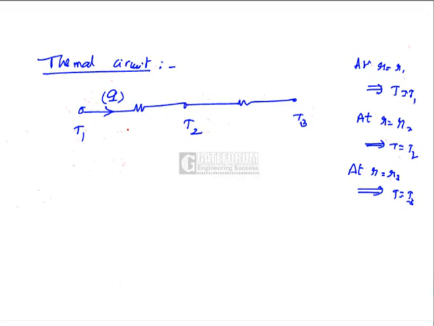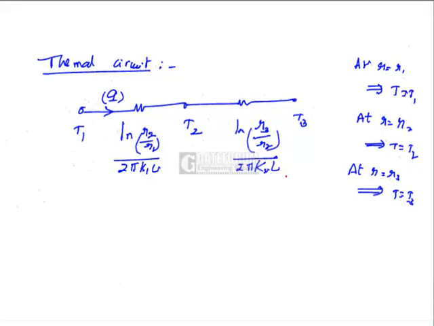Therefore, the first resistance is given by radial conduction resistance, log R2 by R1 divided by 2 pi K1 L. Then log R3 by R2 divided by 2 pi K2 L. Therefore, Q is equal to T1 minus T3 divided by sigma R_th.